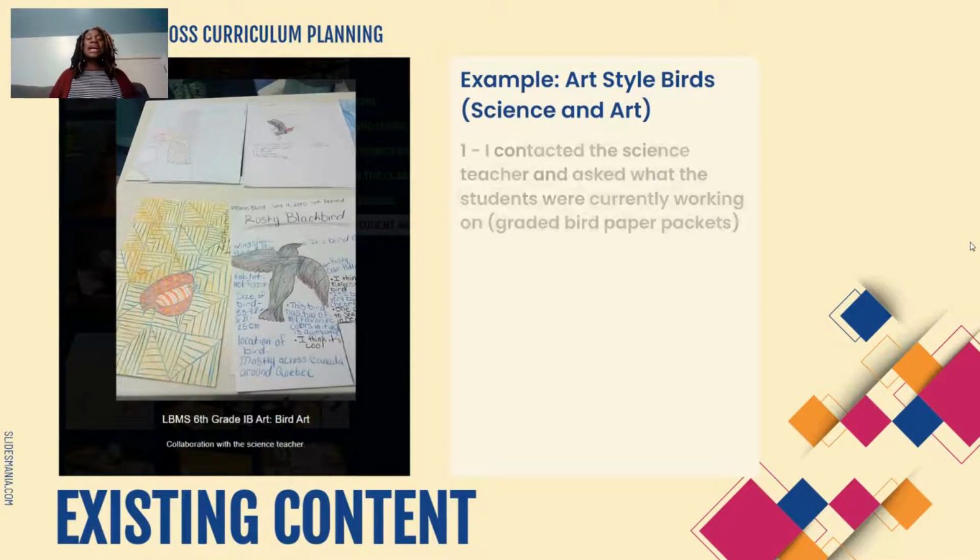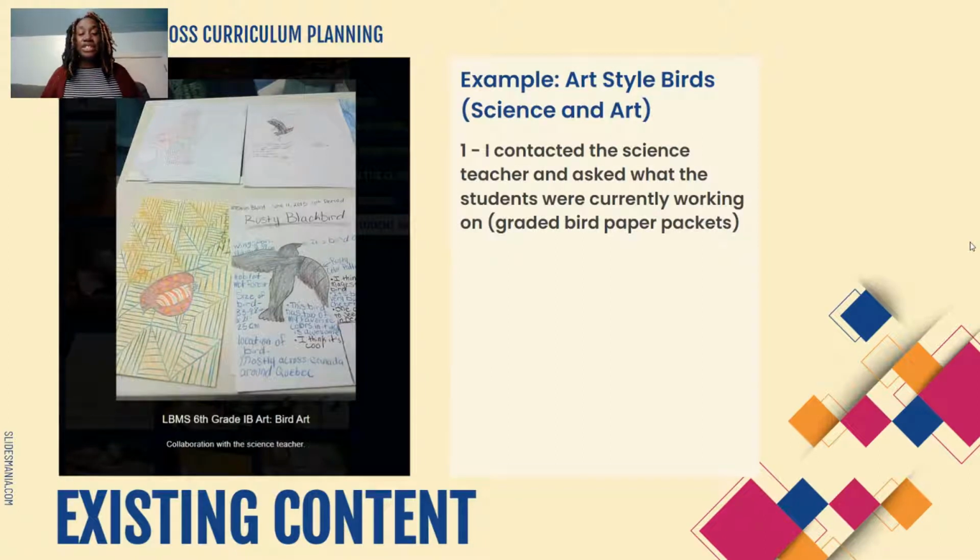Okay, so the first thing I did was contact the science teacher, and I asked what the students were working on. And he gave me their graded bird paper packets. So they were studying birds, and they did some fun facts about the birds, their geographical location, characteristics of that bird, things of that nature.